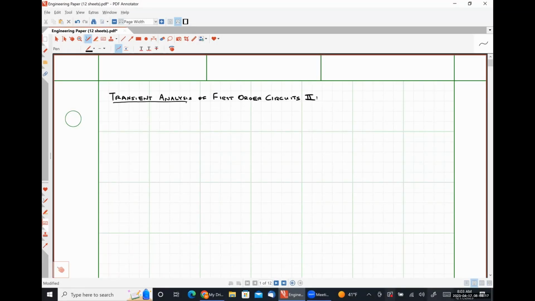So during Friday's lecture, we derived a mathematical model for the natural response of current and voltage signals in RL and RC circuits.